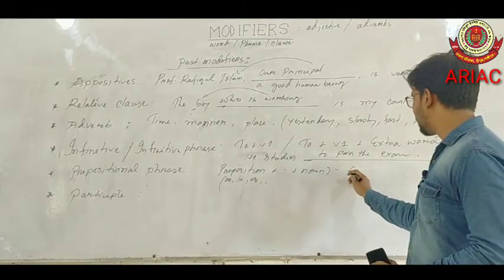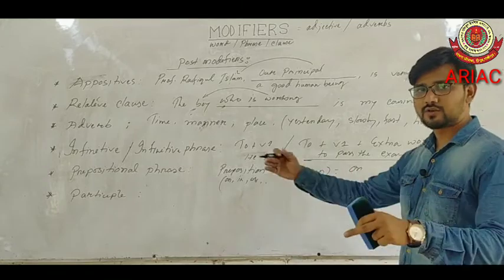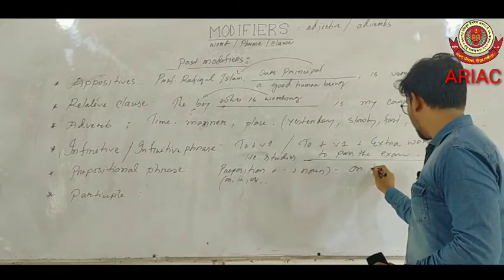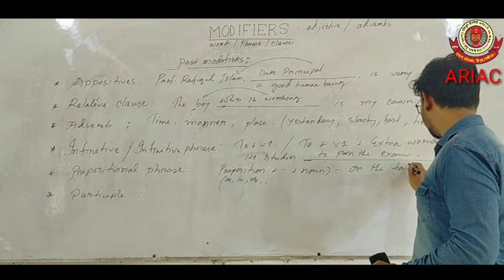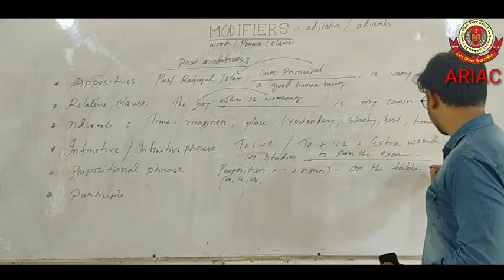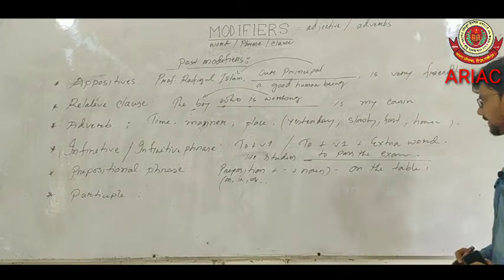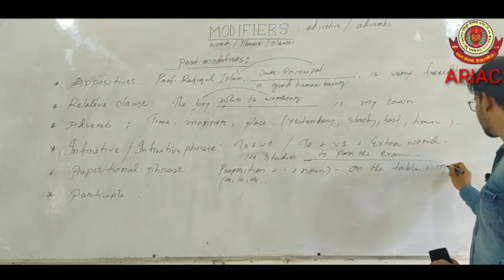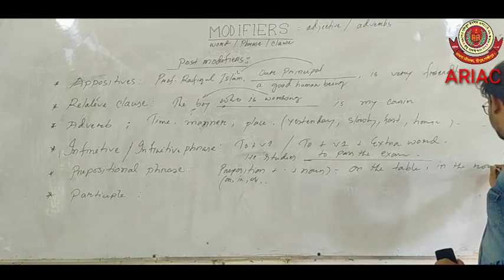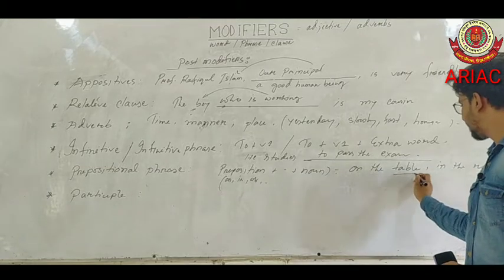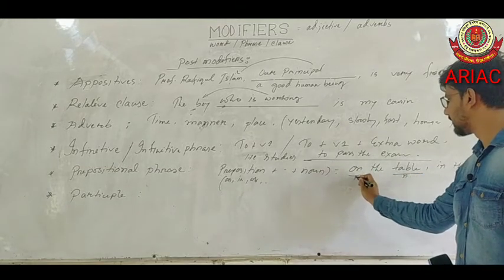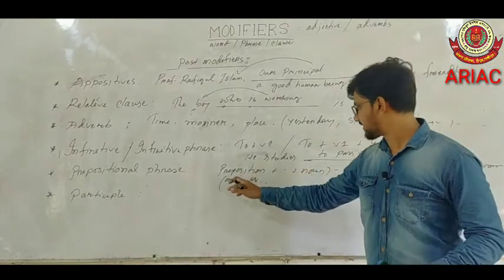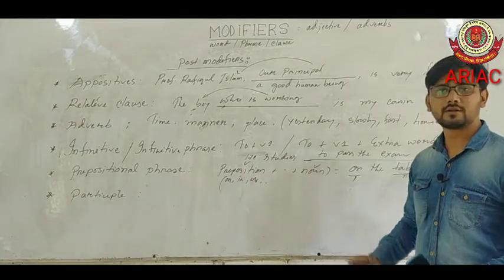Like, the book is on the table. On the table modifies the book. Or in the room. Table is a noun and on is a preposition. So a prepositional phrase starts with a preposition and ends with a noun.